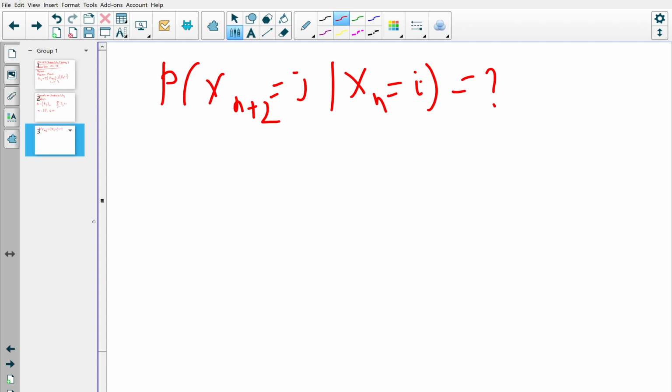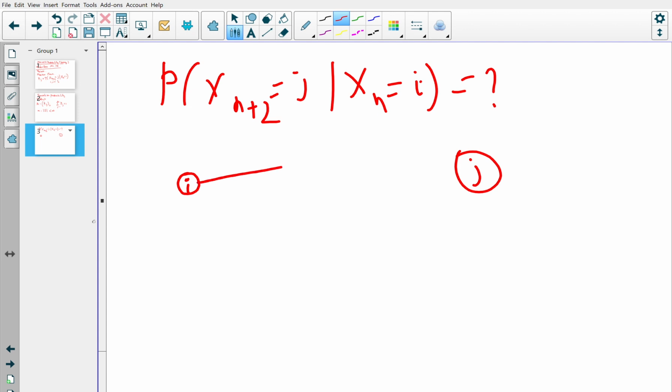That means I am in the ith state and I want to move to the jth state in two steps, n to n+2.